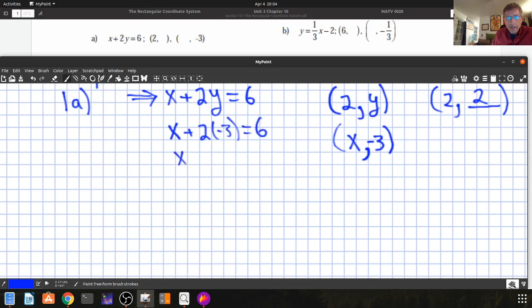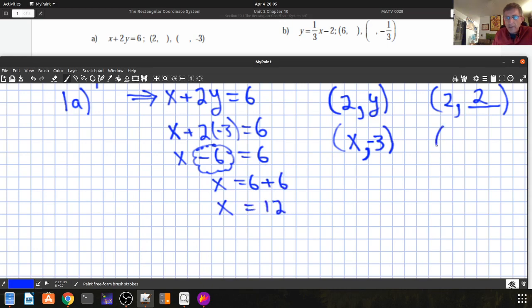So this says x, 2 times minus 3 is minus 6, is equal to 6. Well, I'm almost there. All I need to do is move this 6 to the other side. When I do so, the minus 6 becomes plus 6. So I get x is equal to 6 plus 6 is 12.